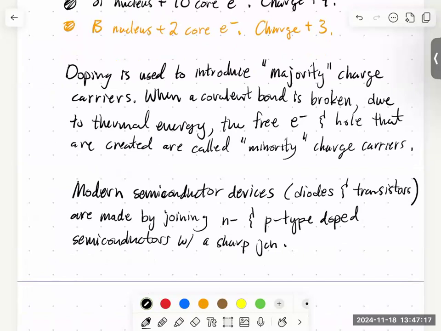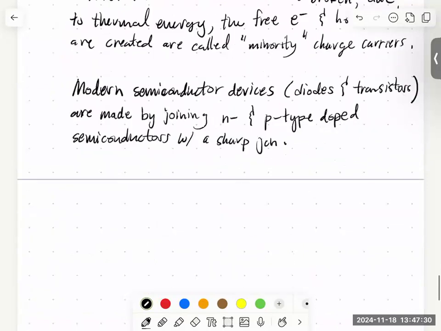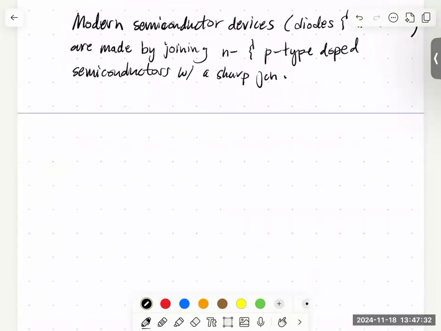We have 3 minutes, so maybe what we'll do is sketch out the diode and see some of the picture, and then we'll analyze it maybe sometime next time or Monday of next week.